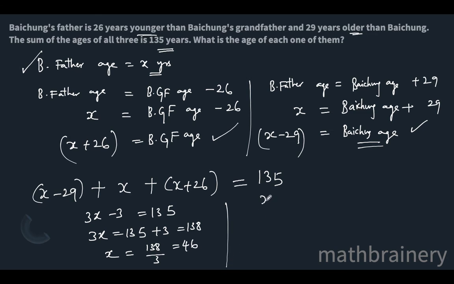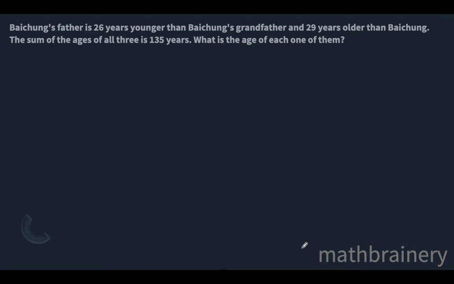Now, when x is 46, then what should be Baichung's grandfather's age, that is x plus 26? x plus 26 must be 46 plus 26, which is 72, and Baichung's age must be x minus 29, 46 minus 29, which is 17. So, the age of Baichung's father is 46 years, Baichung's grandfather is 72 years, and Baichung's age is 17 years. Let's look at the next question.